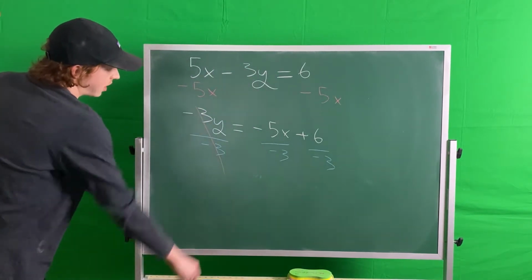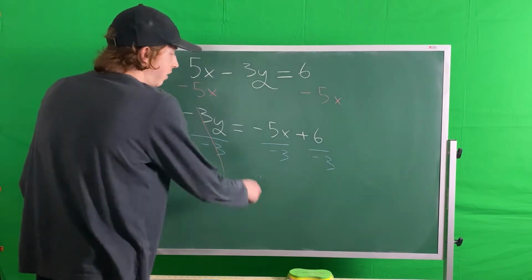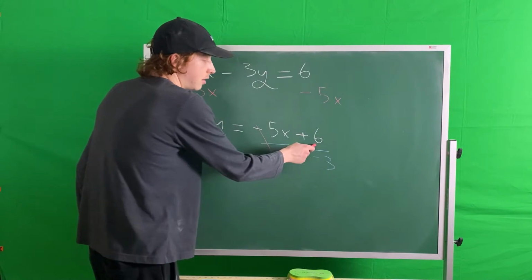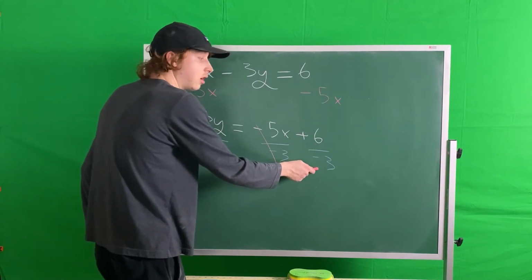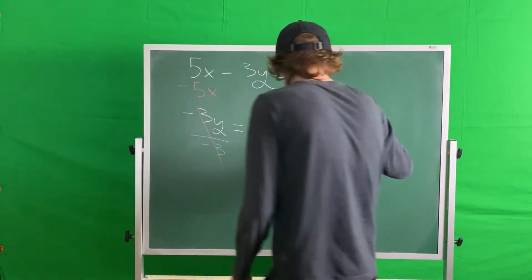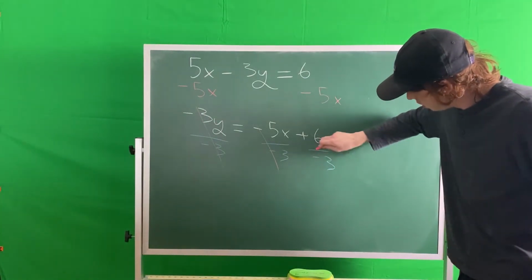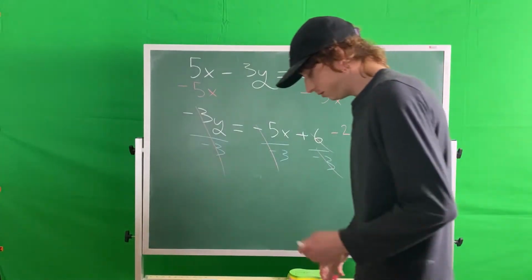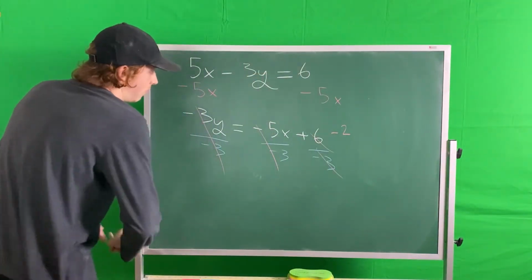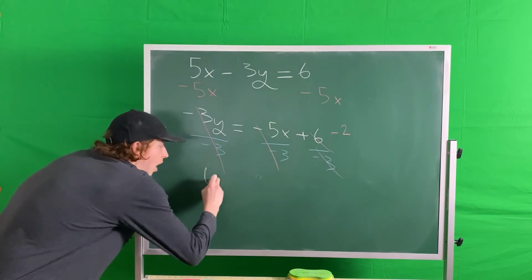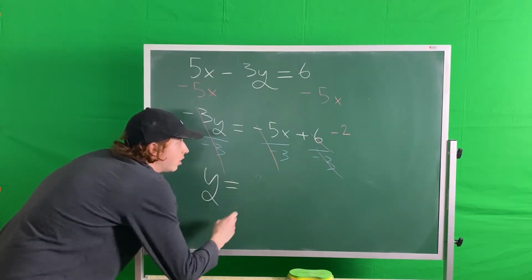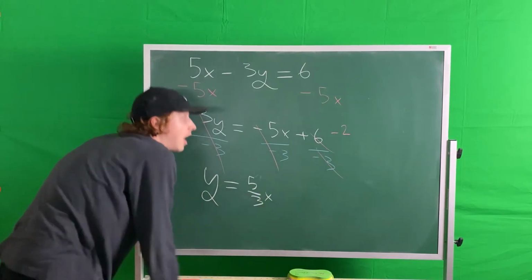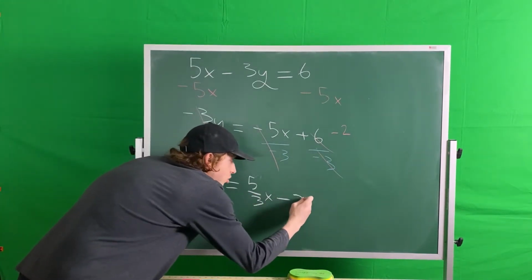These negative 3's cancel, and these negatives cancel, and this positive 6 over negative 3 becomes a negative 2. So we are now looking at y is equal to 5/3 x minus 2.